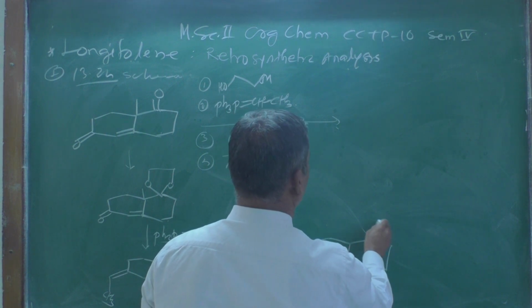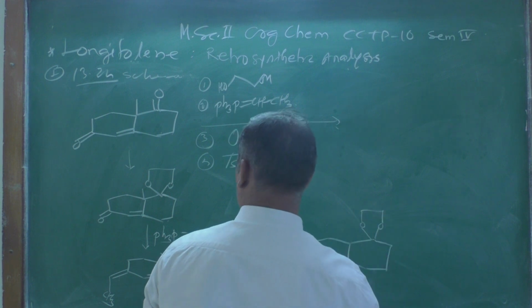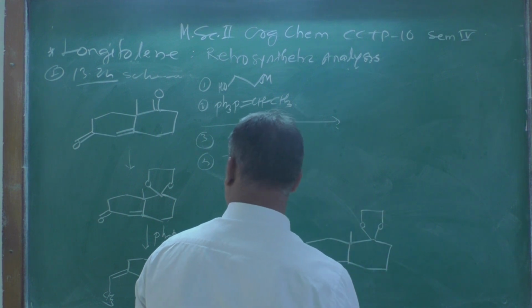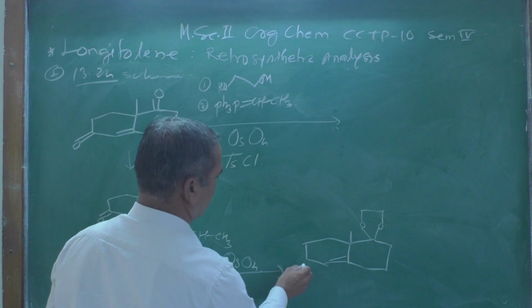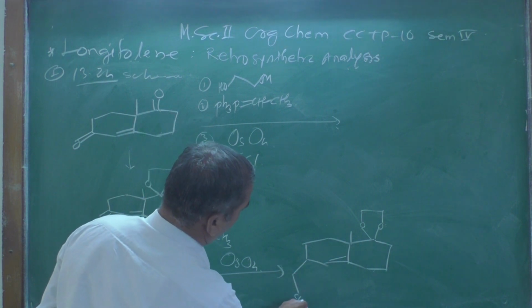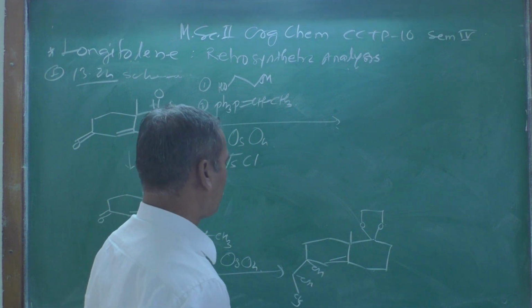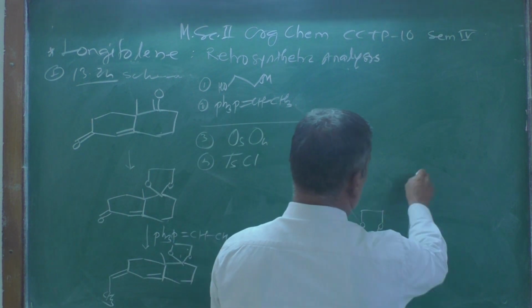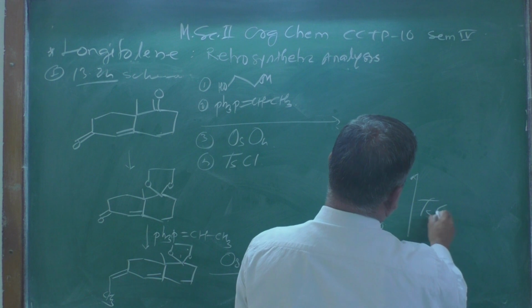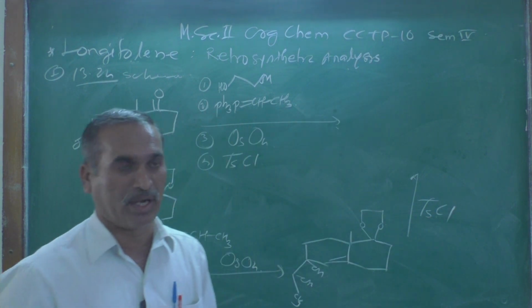You can write it as the ketal, with the methyl group, and here CH2, OH, and here OH.